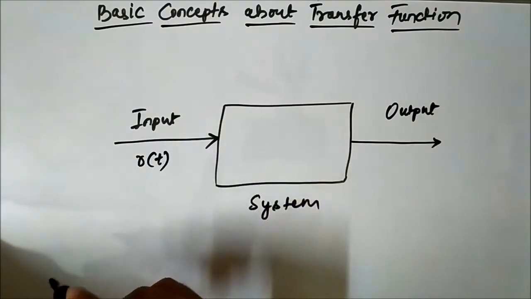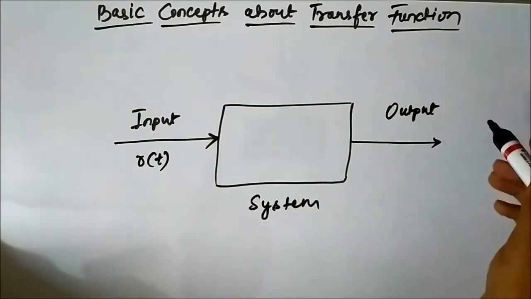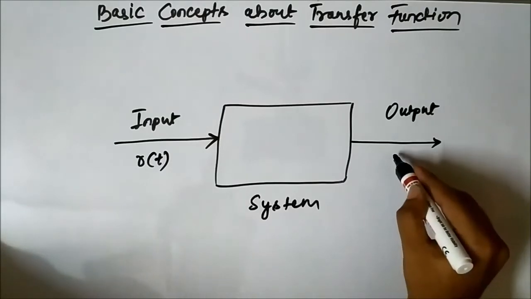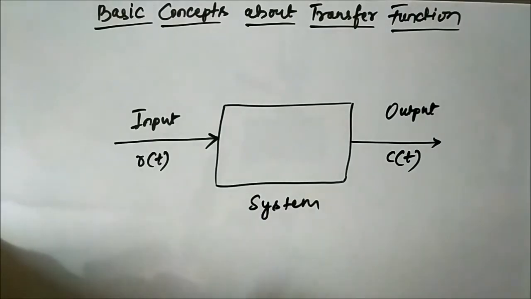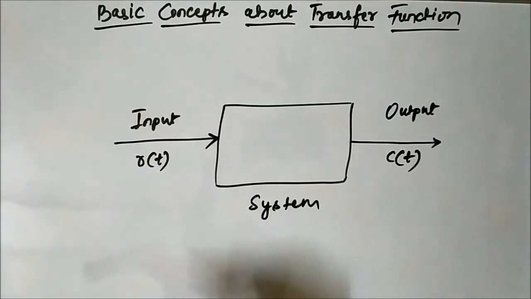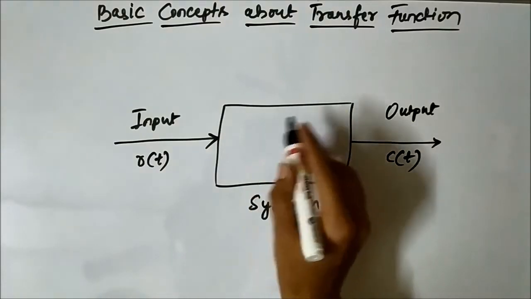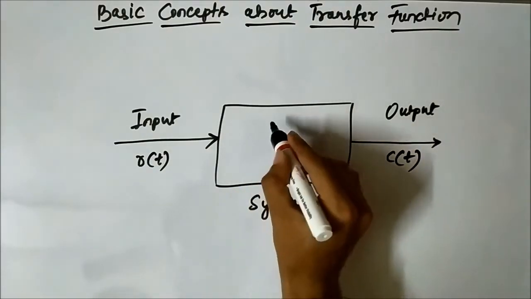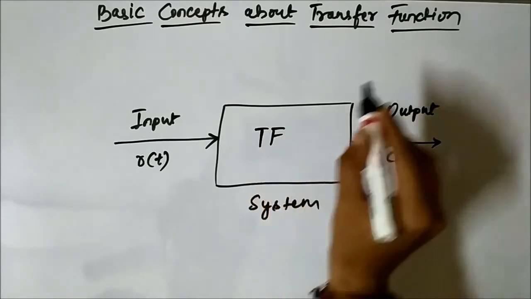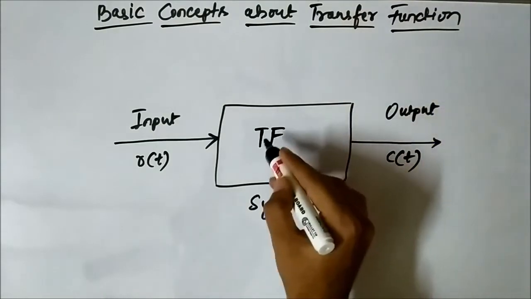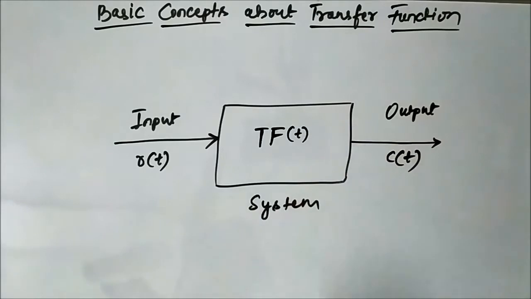As the input is dependent on time, the output will also be a time varying signal. Let it be c(t). Now let the gain of the system be represented as TF, short form for transfer function, as a function of t.